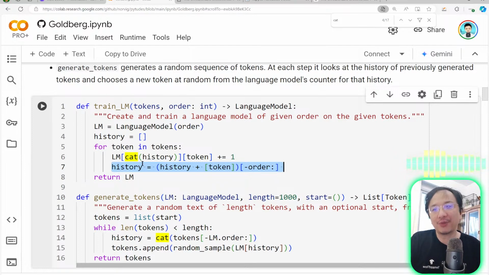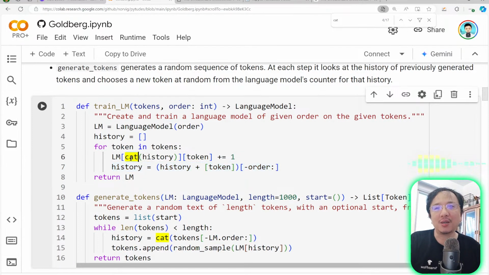Because if you have to write another function right here, you probably will write in another way to make this one a little bit complicated, but without defining another function to concatenate things. But anyway, it is quite straightforward how this code works.